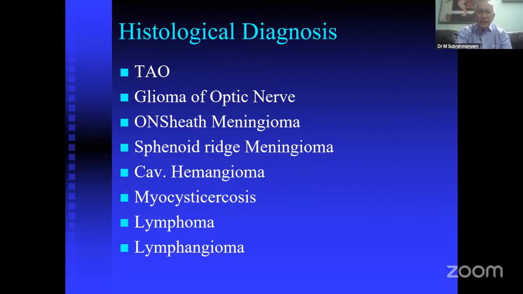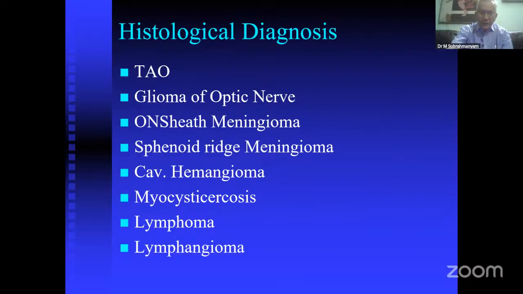The contrast enhancement starts at a point in cavernous hemangioma and slowly spreads, whereas in schwannoma, it is diffuse to start with and spreads more rapidly. Similarly, we can diagnose myositis looking at the CT scan. Same is the case with lymphoma, lymphangioma, idiopathic orbital inflammation, and so many other things.